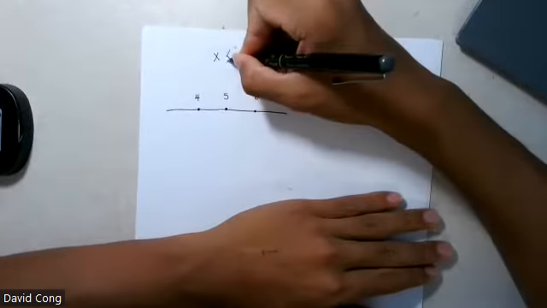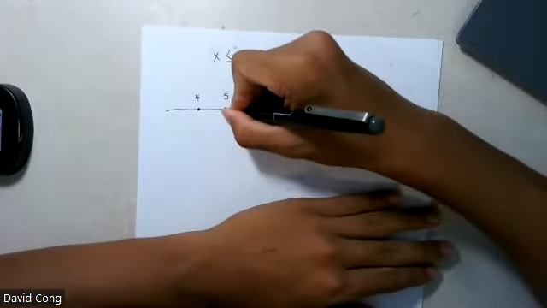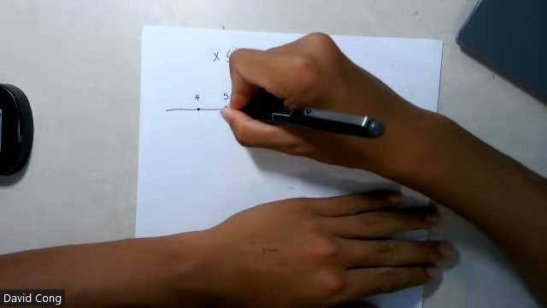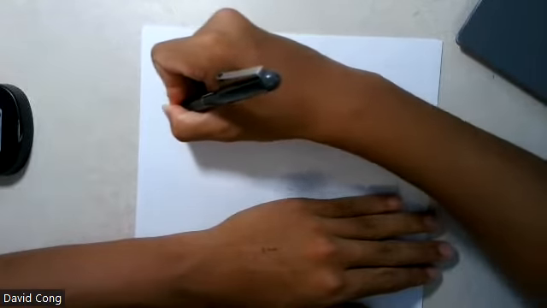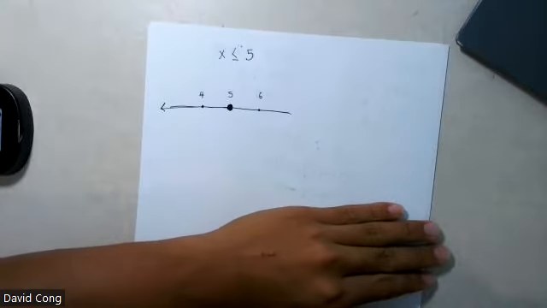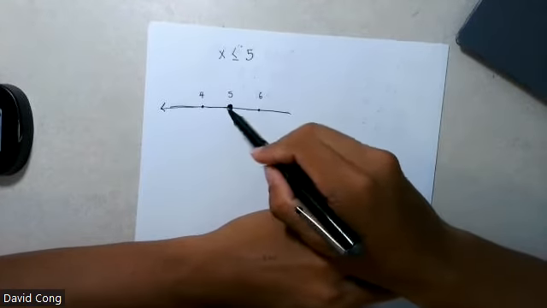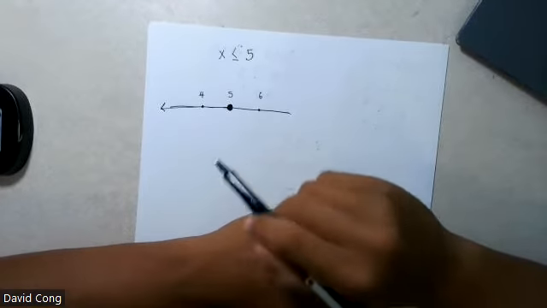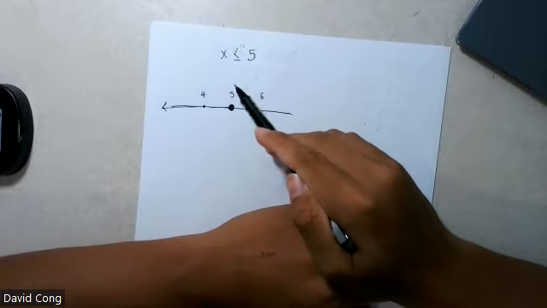We see this bar means that 5 is included. Whenever you have that bar that says included, you make a shaded dot on the number that it's equal to. Then you draw a line with an arrow, or what's called a ray, in the direction it's supposed to face, of all numbers that are true. So what this is saying is every number less than 5 or equal to 5 is true.